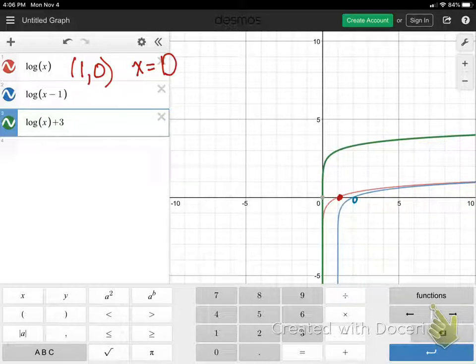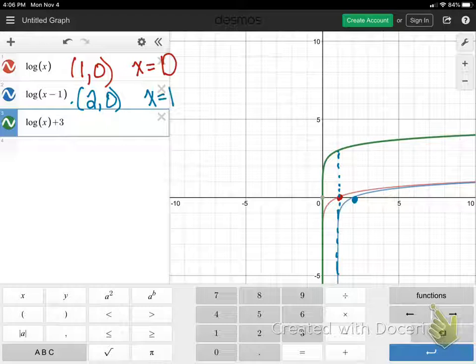So my point moved over 1. My 1, 0 moved to 2, 0. Where is my asymptote now? X equals 1 is my asymptote.